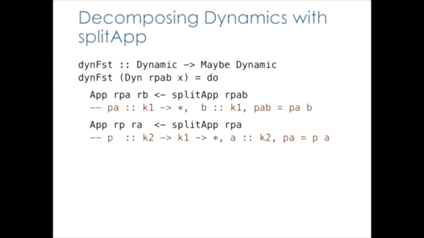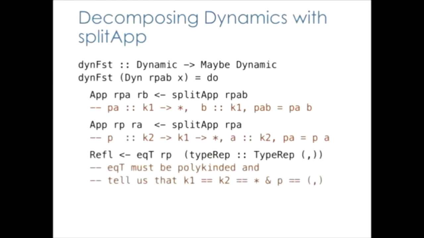We do it again. Here we know we're building up this larger application for what X is type, so that's going to tell us when we split again, P is going to take 2 arguments, where A has a kind that works for the first argument, and B has a kind that works for the second argument. That's really what we're going to find out.